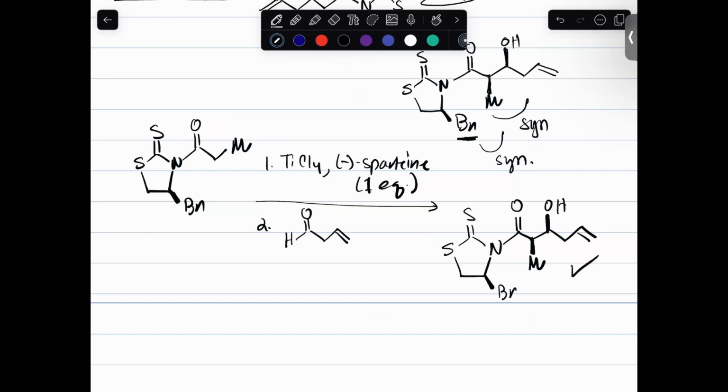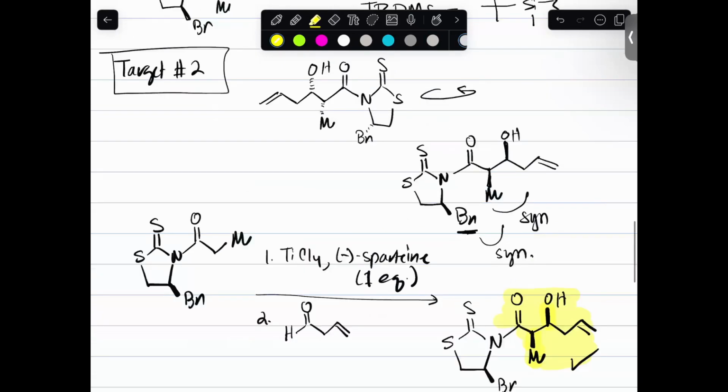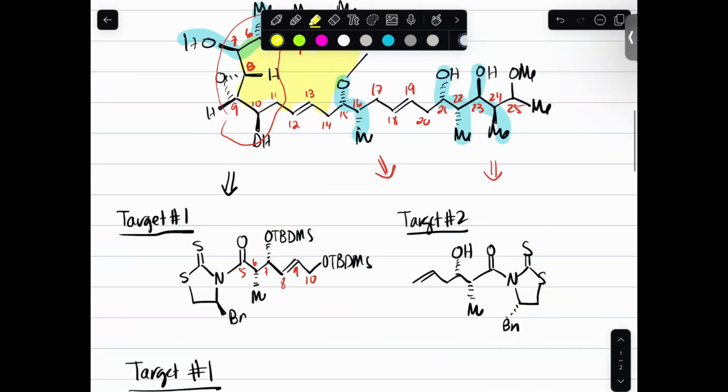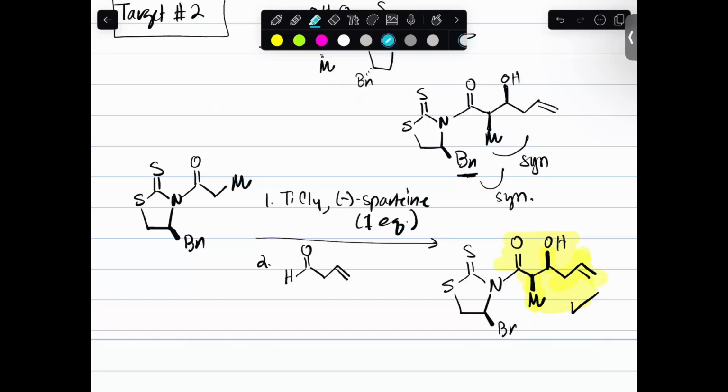And so I have what I need. If you notice, this is my target structure for 2 parts of the molecule. In this case, my OH is on the right and my methyl group's on the left. They're both wedged. If I flip it around, my OH group is dashed and my methyl group is dashed. And I've introduced the CH2 double bond. So I've been able to complete that part of the structure.